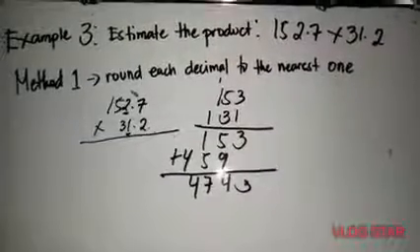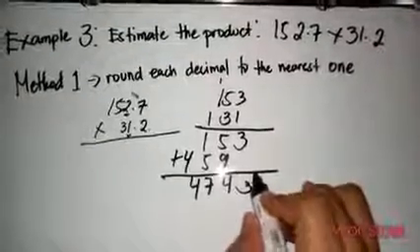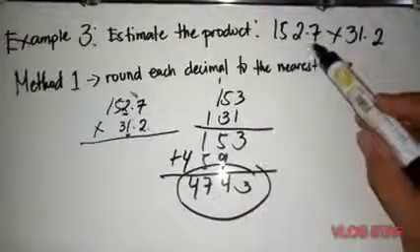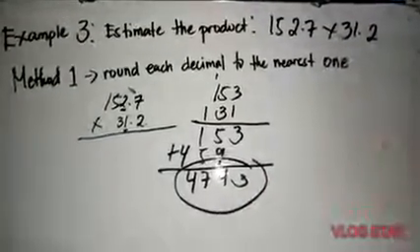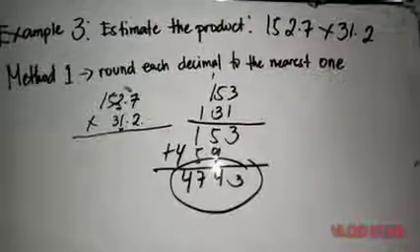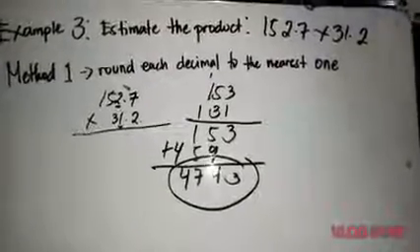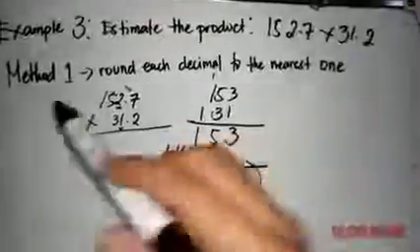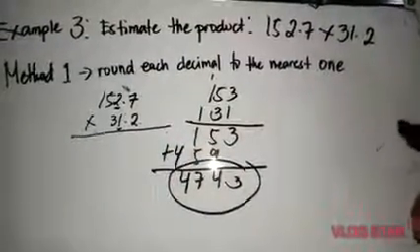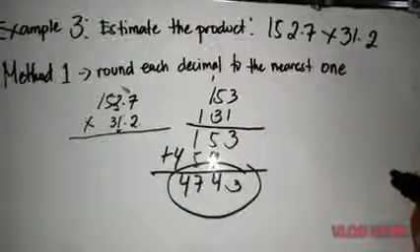So this is the estimate product of 152.7 times 31.2. So the estimate product is 4,743. But it's not advisable to use this method because it's not easy to multiply it mentally.